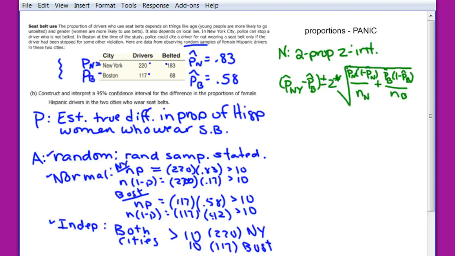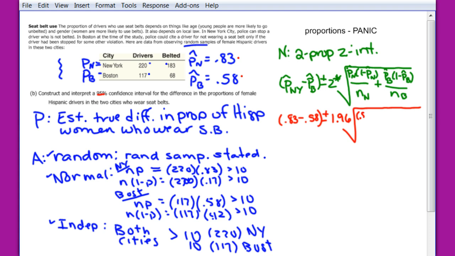Let's figure out what's what. We already have labeled what our p-hats are, listed over here. So we're going to do 0.83 minus 0.58 plus or minus. We need to find a z-score for 95%. I think we kind of know what that is already: 1.96. Right, so we got that.